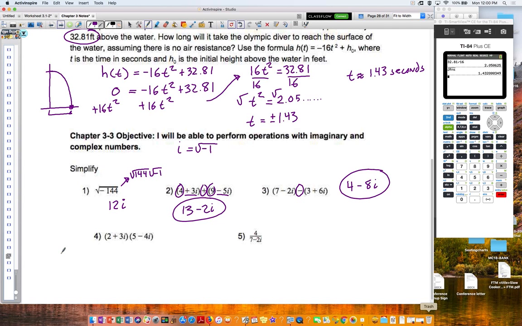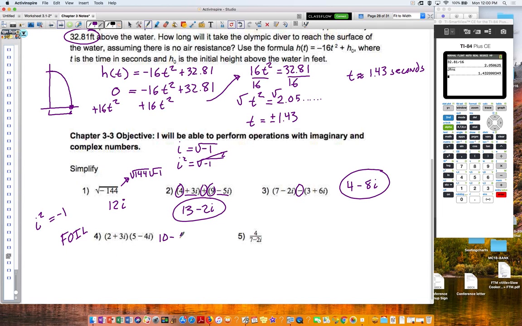Multiplication, here's where we FOIL. And remember that i squared is equal to negative 1. So if I go up here and square both sides, the square and square root cancel, making i squared the square root of negative 1 squared. Those cancel, hence why i squared is negative 1. So again, I'm going to FOIL this. 2 times 5 is 10.